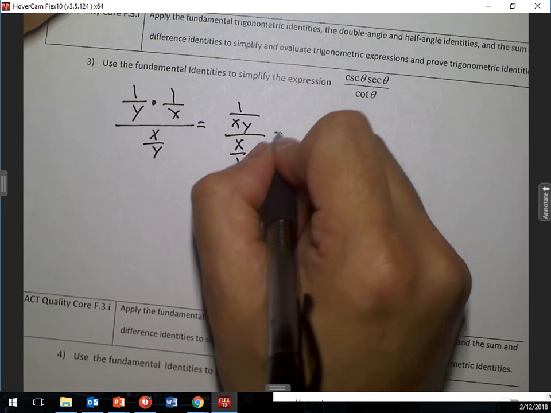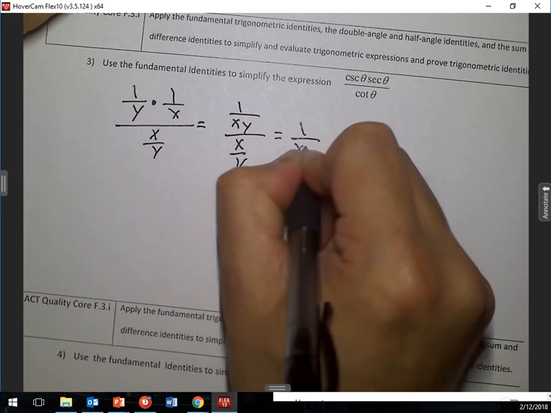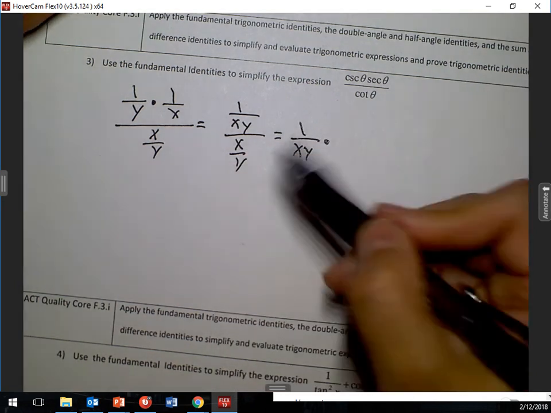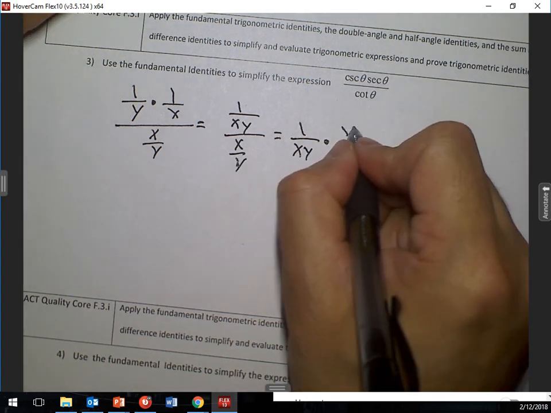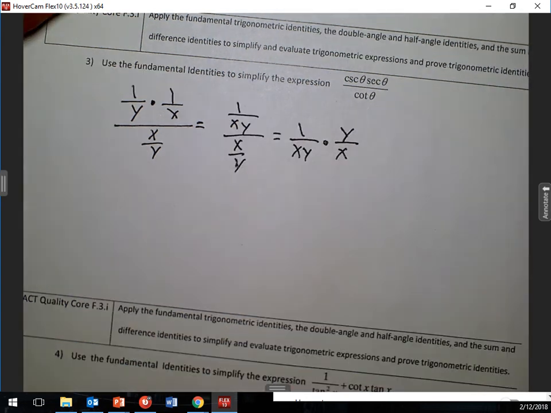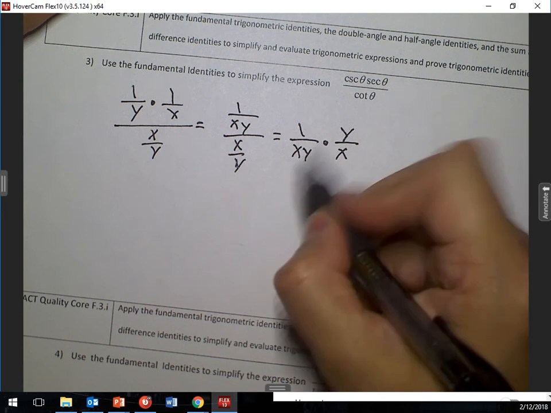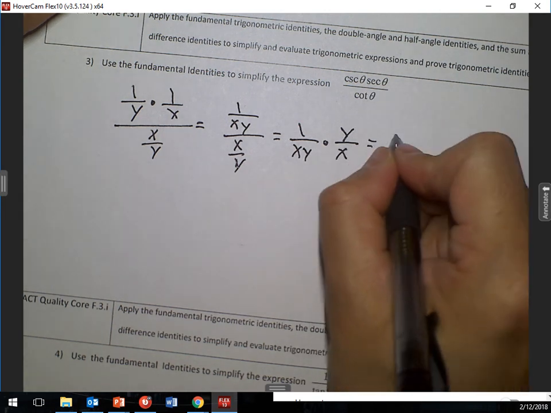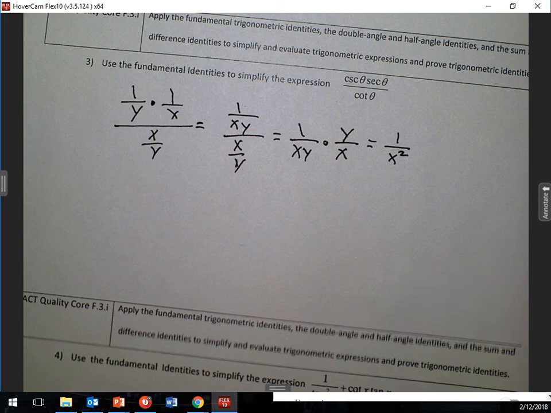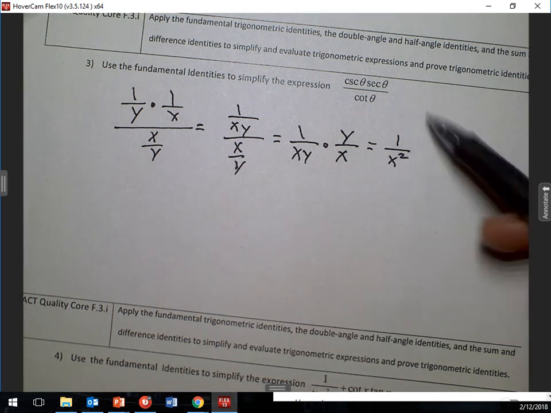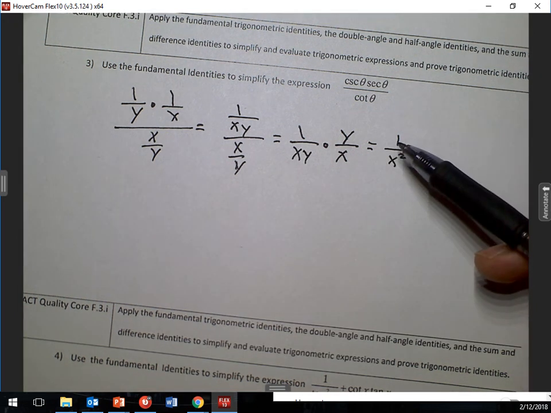Very good. 1 over xy times the reciprocal of the bottom, which is y over x. So the y's cancel out, and I'm left with 1 over x squared. Now, as a final answer, let's translate this back. Secant squared. Yes.